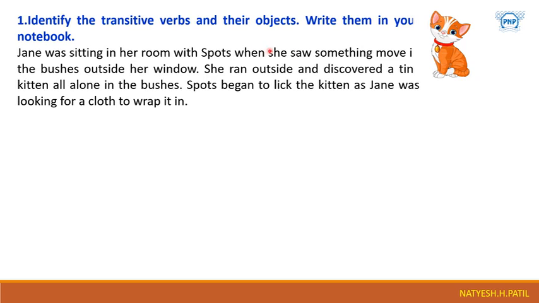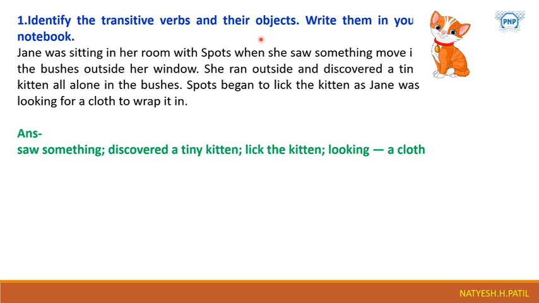So from this short passage, which is all about this kitty, you have to find the transitive verbs and their objects. The answers are: saw something, discovered a tiny kitten, licked the kitten, looking for a cloth.